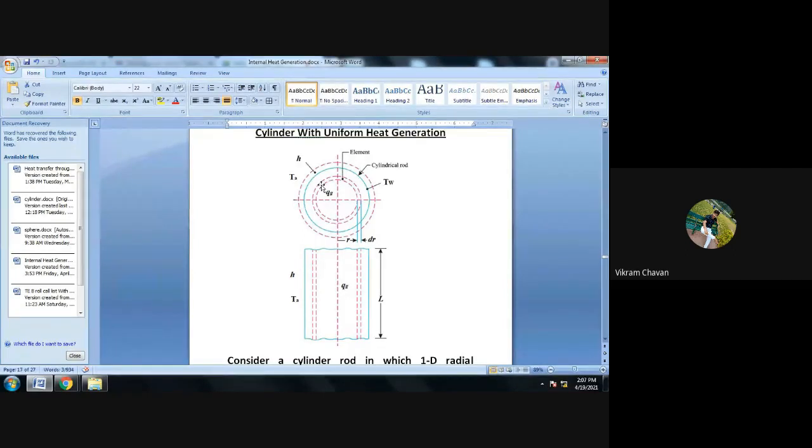So draw the diagram. Give appropriate nomenclature, so that the derivation will be more understandable and you will not miss any part of it.